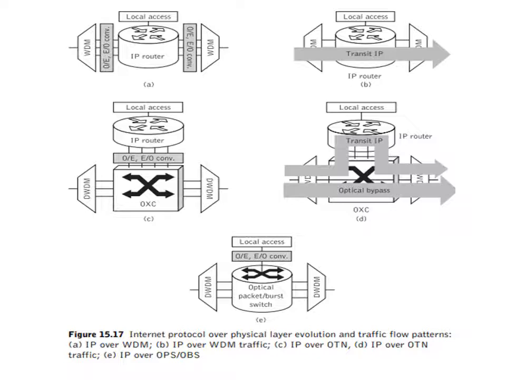Therefore, most of the traffic processed by the router is transit traffic, that can be seen in the second diagram, diagram B.